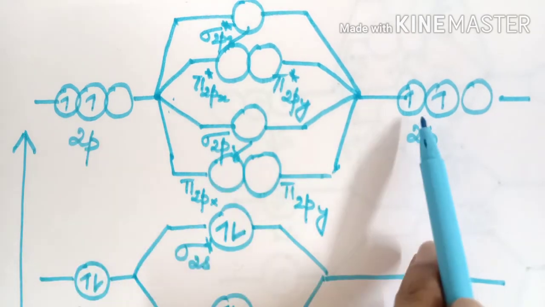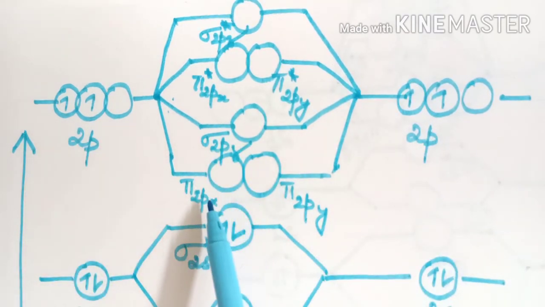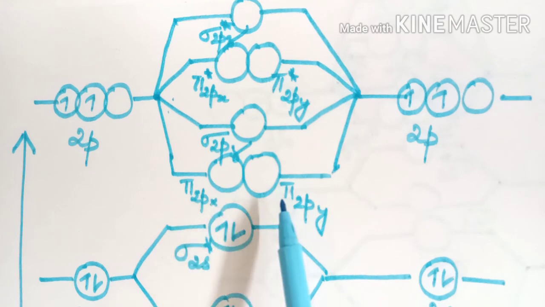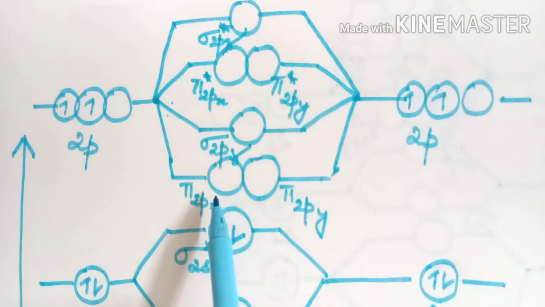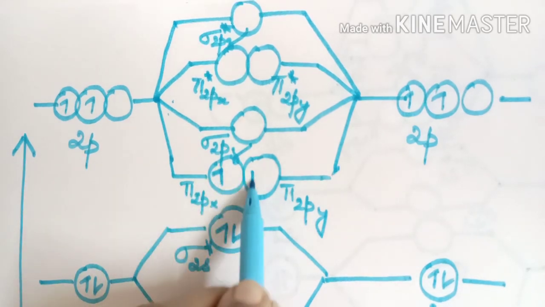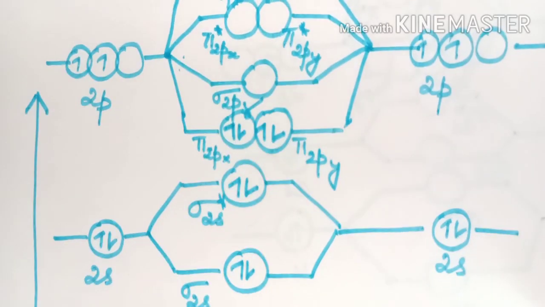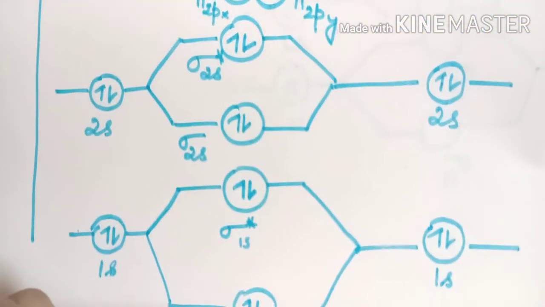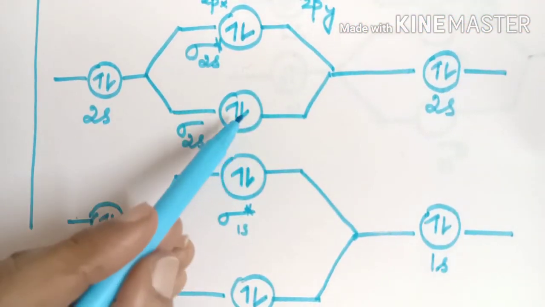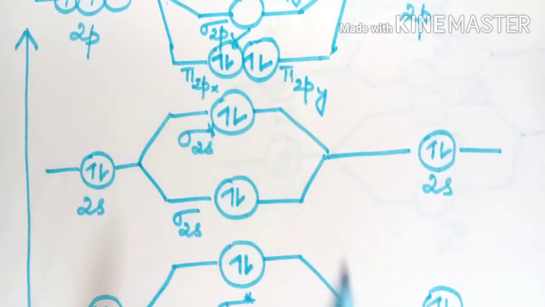We have a total of 4 electrons. So these 4 electrons are to be filled in the lowest molecular orbitals, and it follows Hund's rule. So it has to be filled such that it is half filled first and then it gets paired up. So you have a total of 2, 4, 6, 8, 10 and 12 electrons.